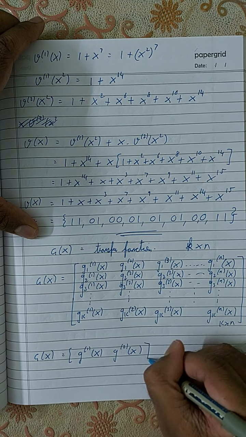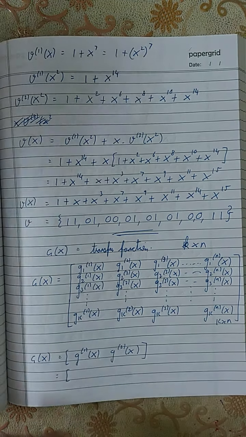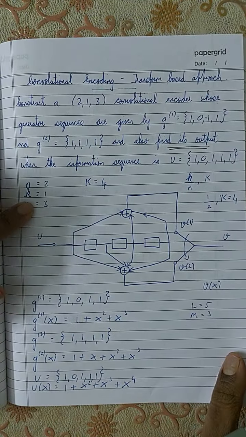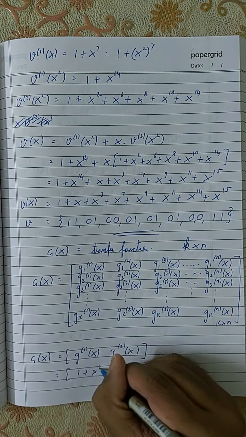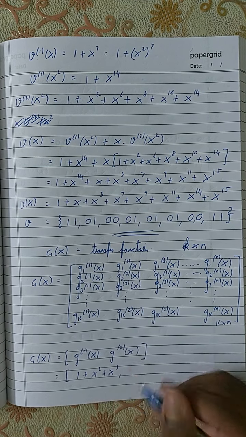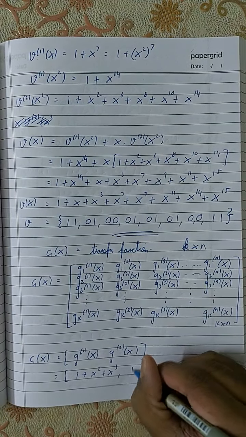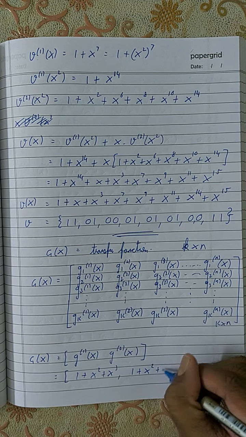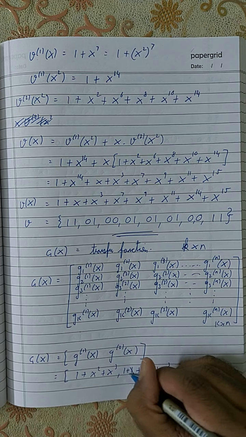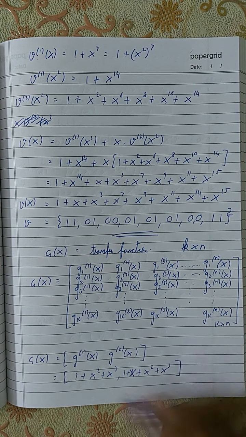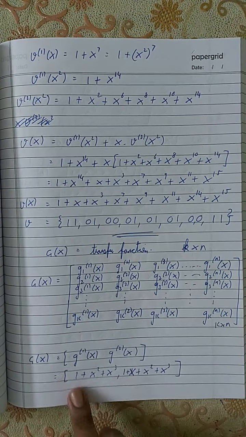Or in other words, g1 of x is equal to 1 plus x square plus x cube, and g2 of x is 1 plus x plus x square plus x cube. This is how we represent the G of x of the 2,1,3 convolutional encoder. This is called G of x.